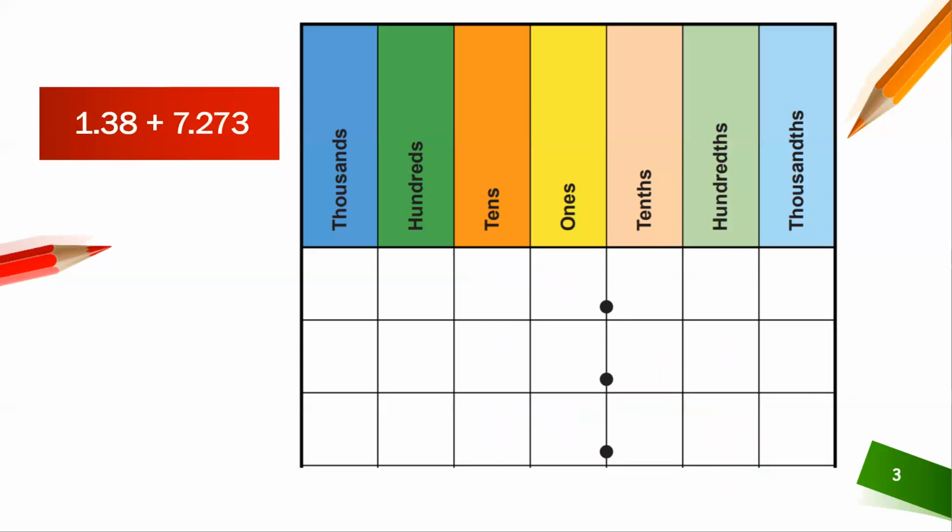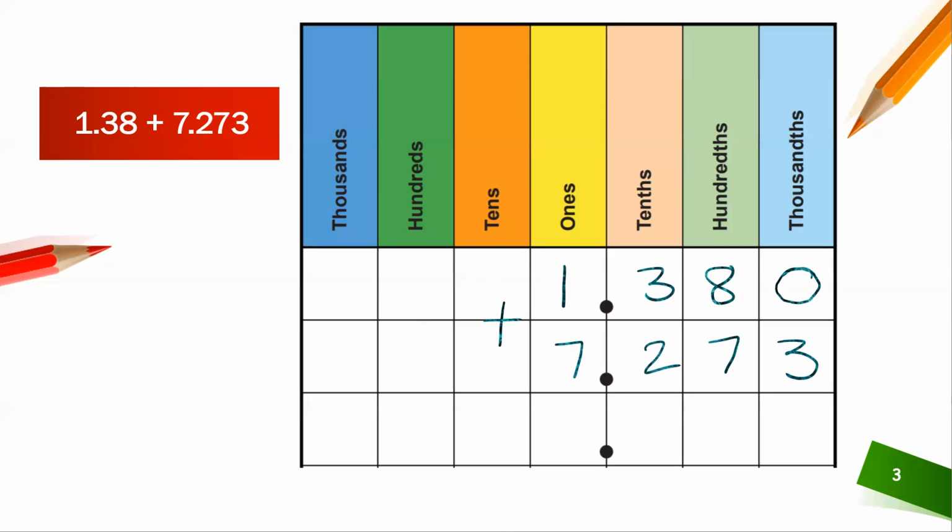Okay, now next, what's the difference here? The difference is that you have this one here, 1.38, and then the other one is 7.273. Well, as you notice that there is nothing here in this place value, so I will put a 0 right there, meaning 1.38 is 1 whole, 3/10, 8/100, and 0 thousandths. Okay, now when we are adding, again, we are going to pay attention to place value, right?